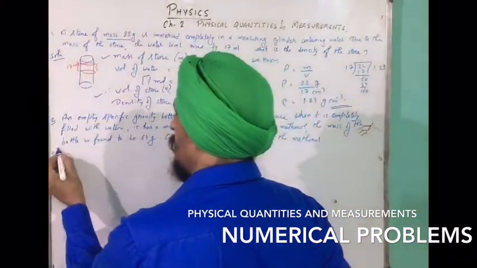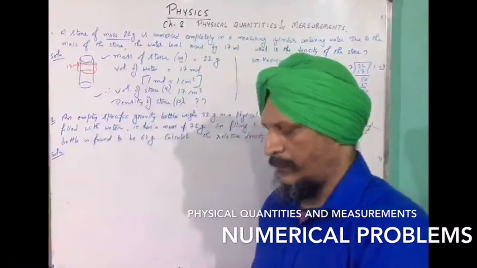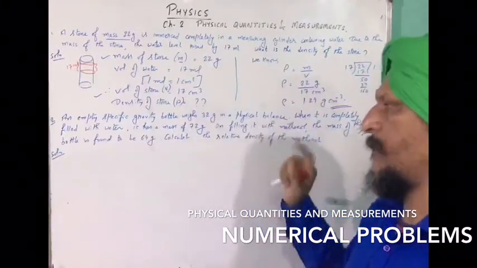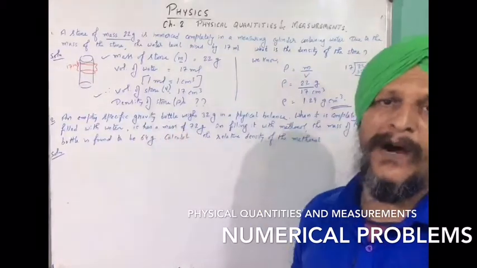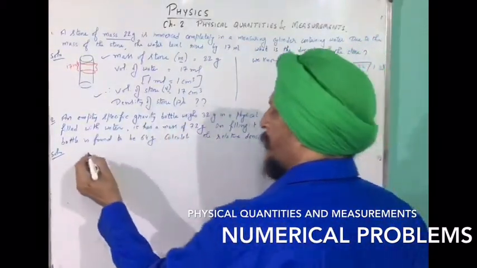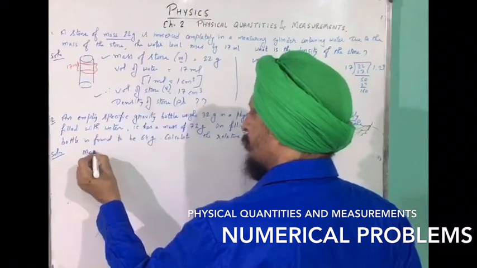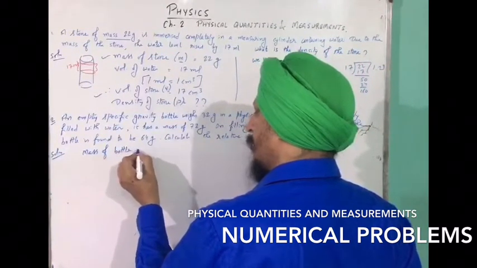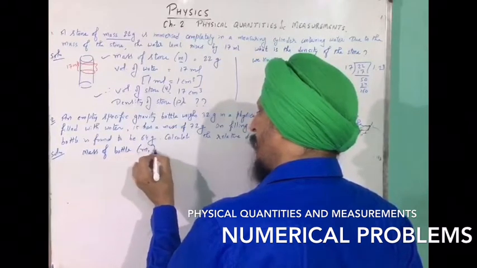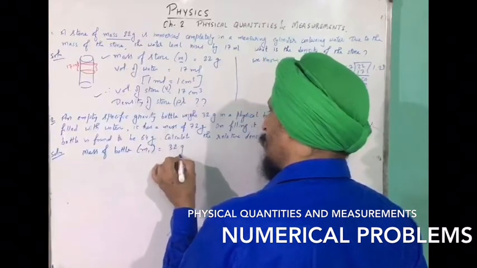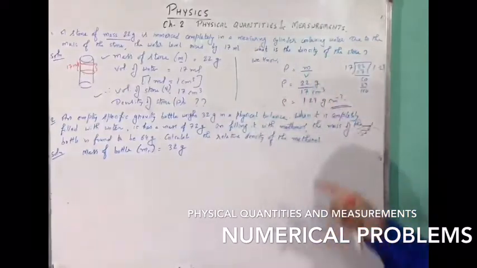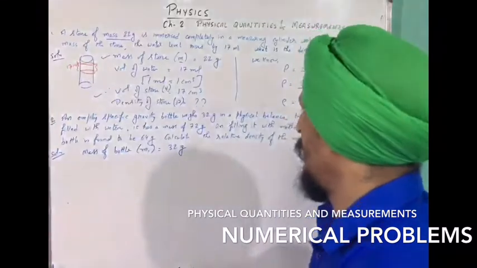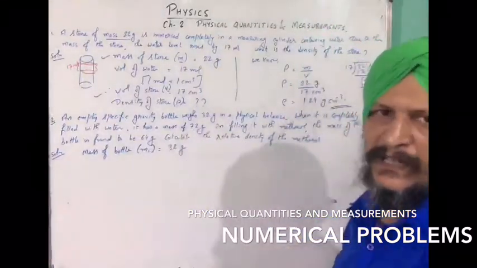Next is question number 2. An empty specific gravity bottle weighs 32 gram on a physical balance. This means this is the mass of the bottle, M1, 32 gram. When it is completely filled with water, it has a mass of 72 gram.